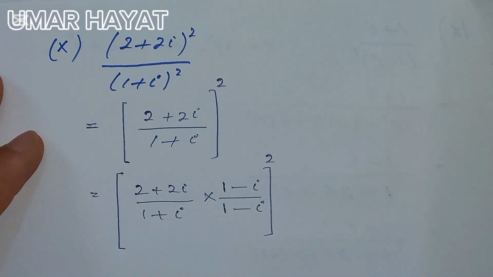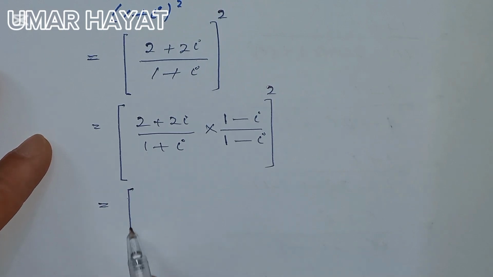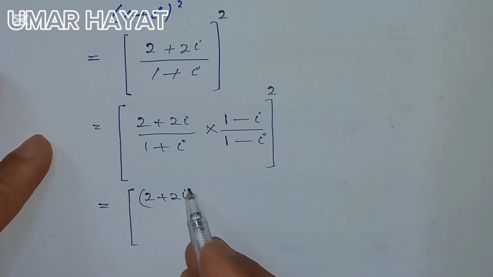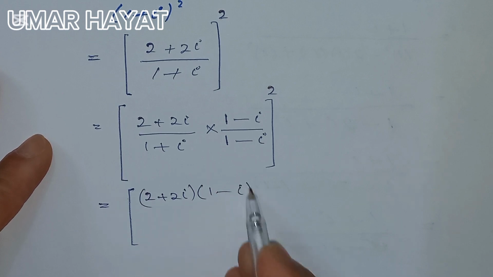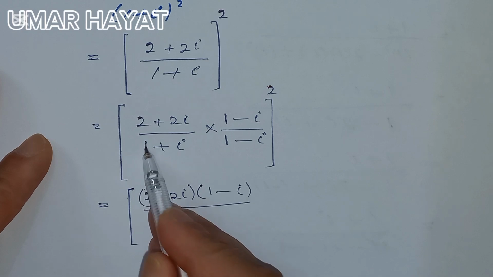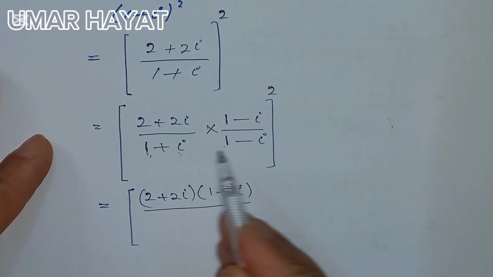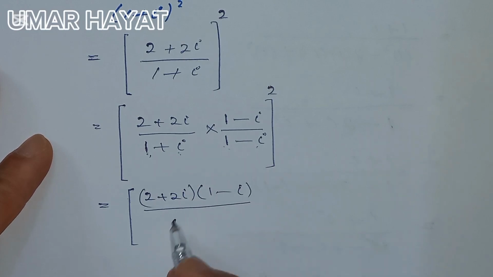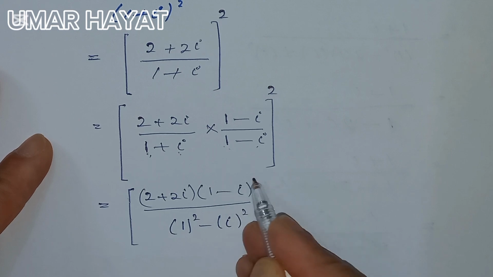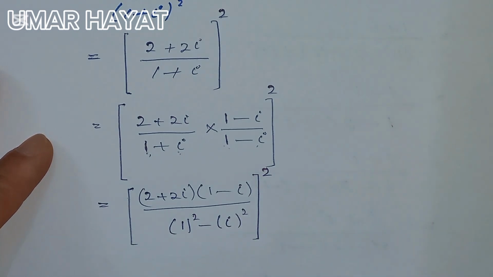Now numerator multiplies with numerator, so 2 plus 2 iota multiply with 1 minus iota, and denominator with denominator, and here we use the algebraic identity (a plus b)(a minus b), first term plus second term, first term minus second term, is equal to first term square minus second term square, so iota whole square, bracket close, and here we put whole square.